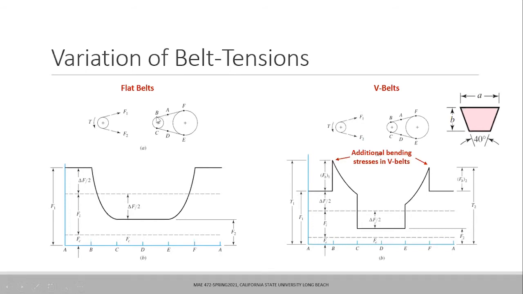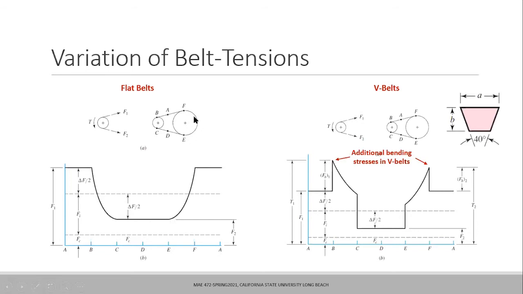But if I move from B to C, the tension decreases from F1 to F2, which is my loose side tension. So point C has the loose side tension, point D has loose side tension, and point E has loose side tension.